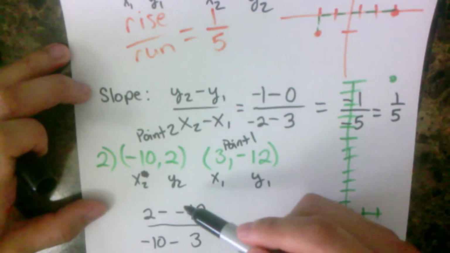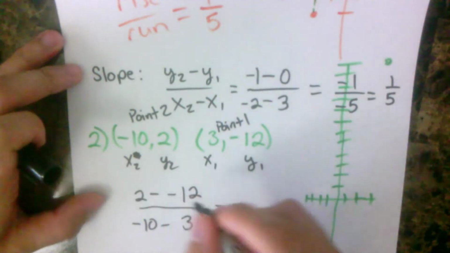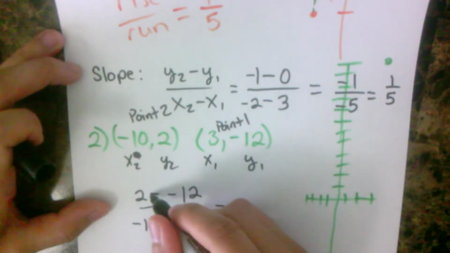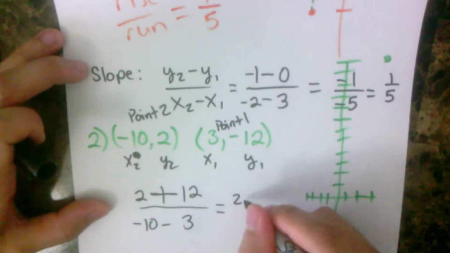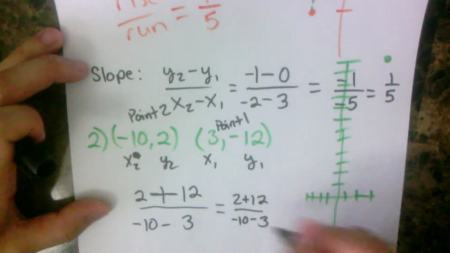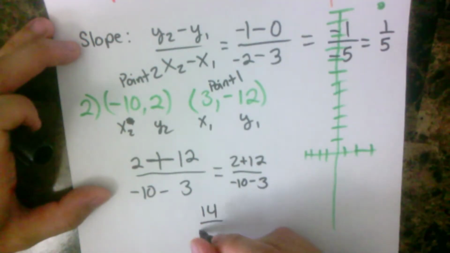It is okay to have two negative signs next to each other, but what happens when we have two negative signs next to each other? You should know by now that they become a plus sign. So the way I do it is that normally I just mark it like this, and I go, all right, well, big plus sign. But if you want, you could just rewrite it again, so it looks prettier. All right, 2 plus 12 is 14, and then -10 minus 3 is -13.